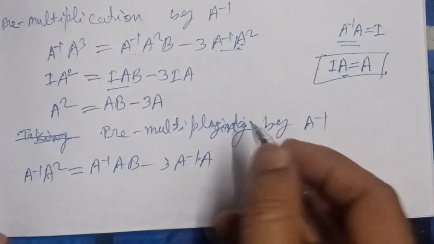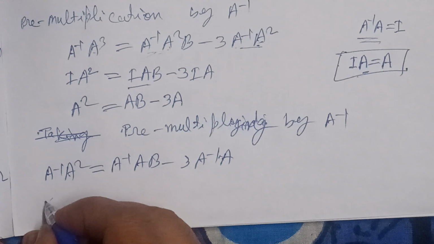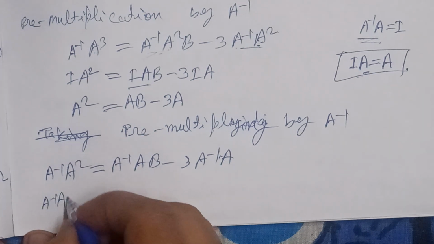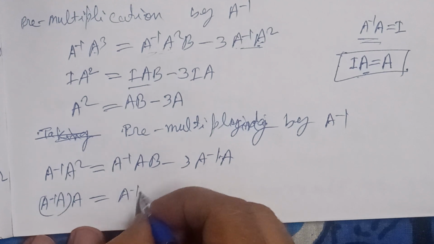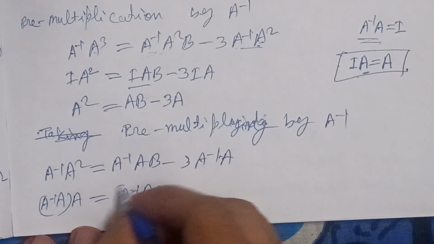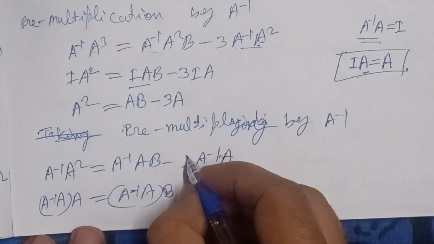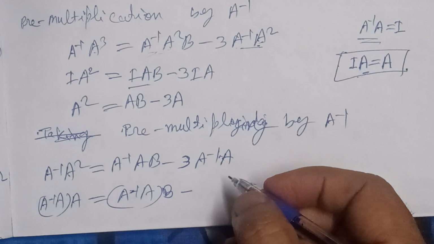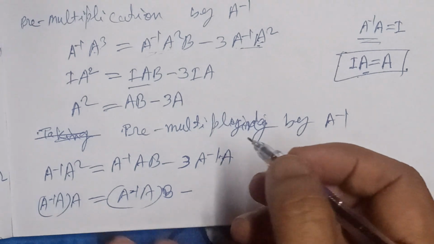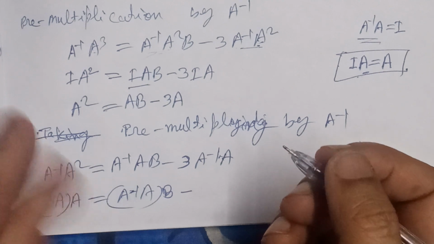We can write this as A inverse A times A, also A inverse A and B. Multiplication of matrices possesses the associative property.